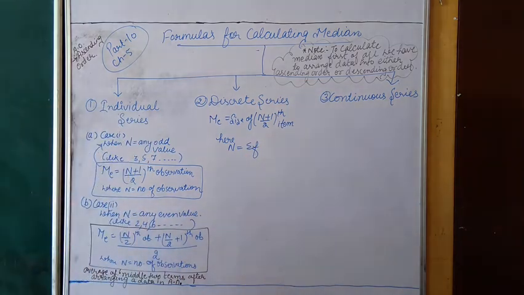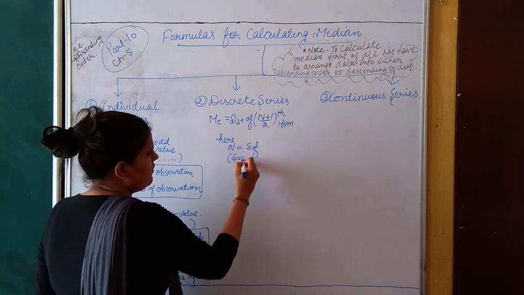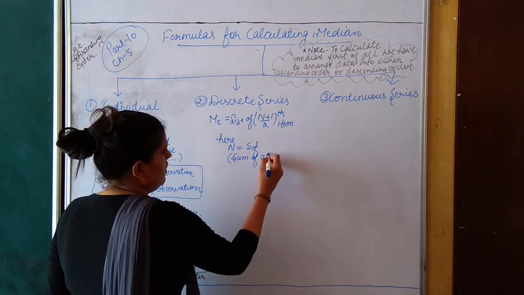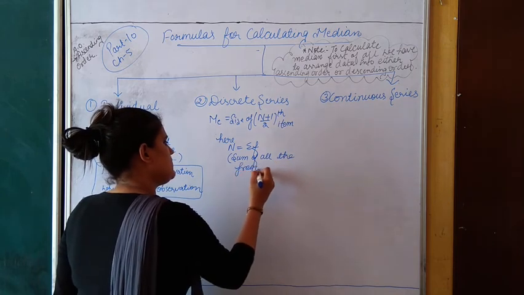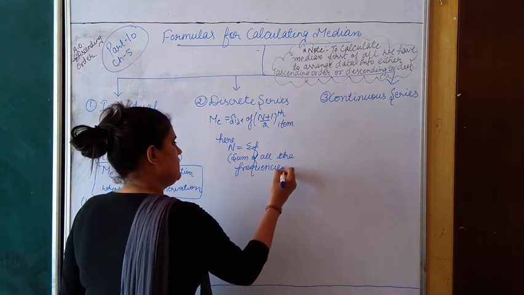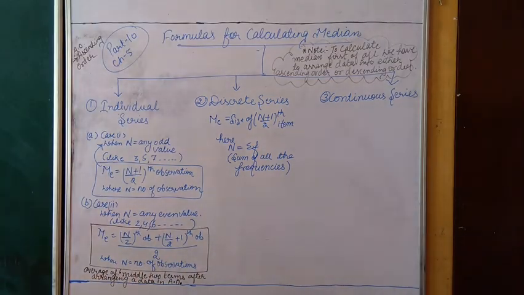What is n? N is equal to sigma f, that is the sum of all the frequencies. Clear, bache?